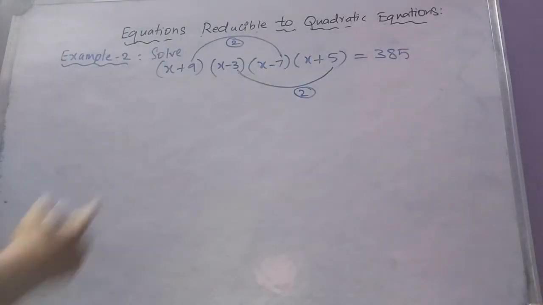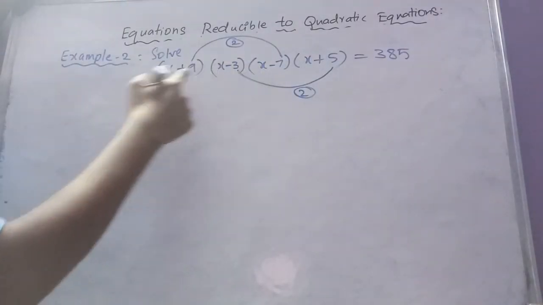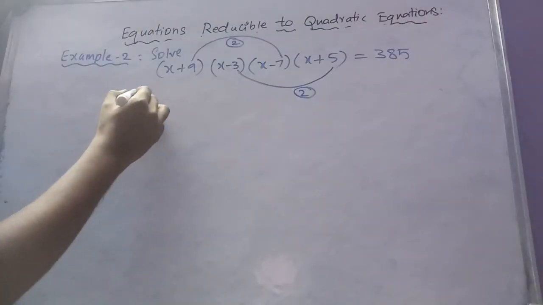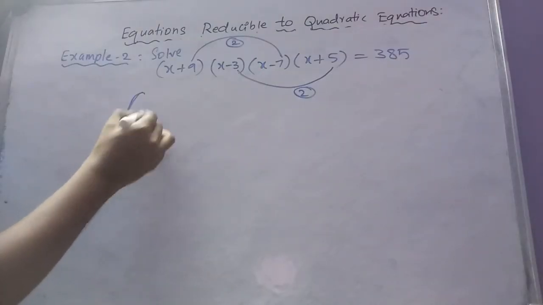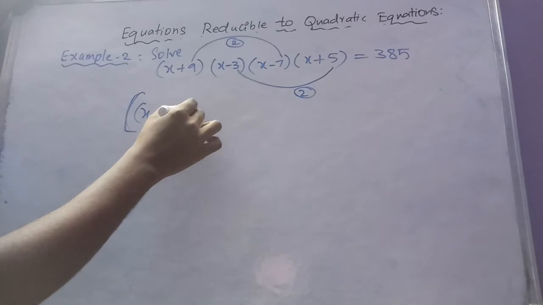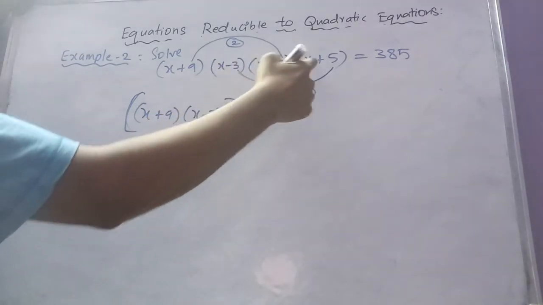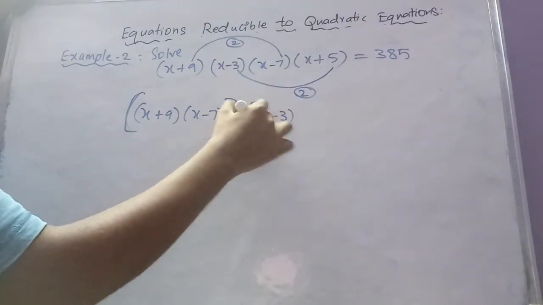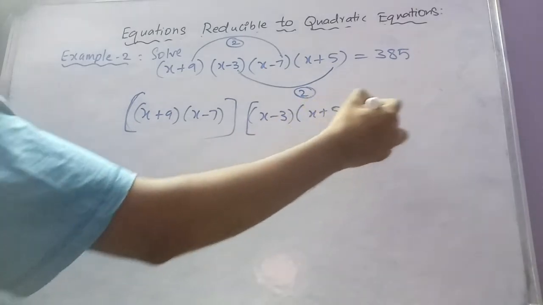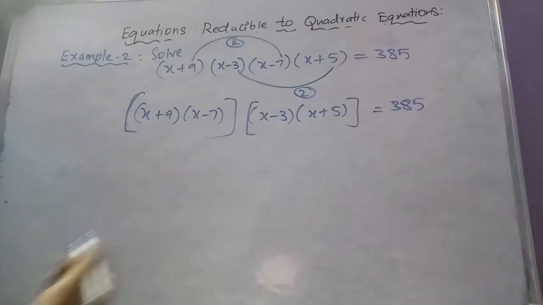So for that reason I will multiply these two, x plus 9 into x minus 7. So I'll take x plus 9 into x minus 7 and I'll multiply these two, x minus 3 into x plus 5. So equal to 385 as it is.